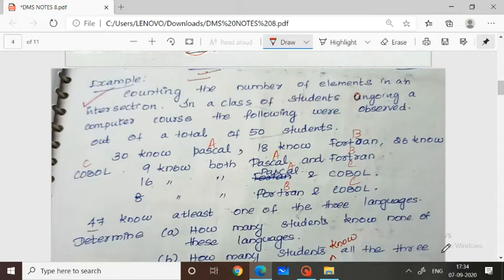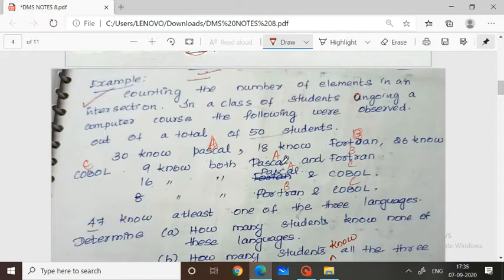We can take A as the 30 students who know Pascal, B as the 18 students who know Fortran, and COBOL let us take as C. So n of A, the number of elements in A, is equal to 30, n of B is equal to 18, n of C is equal to 26.